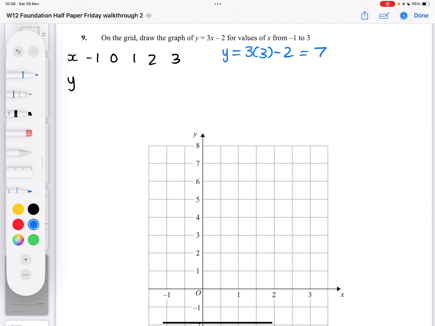That is 7. y equals 3 lots of 2 minus 2 gives me the next value of 6 minus 2, which is 4. y equals 3 1's minus 2 gives me 1. And then I can see that that is going down in 3, so I'm going to just subtract 3 to get the last 2.